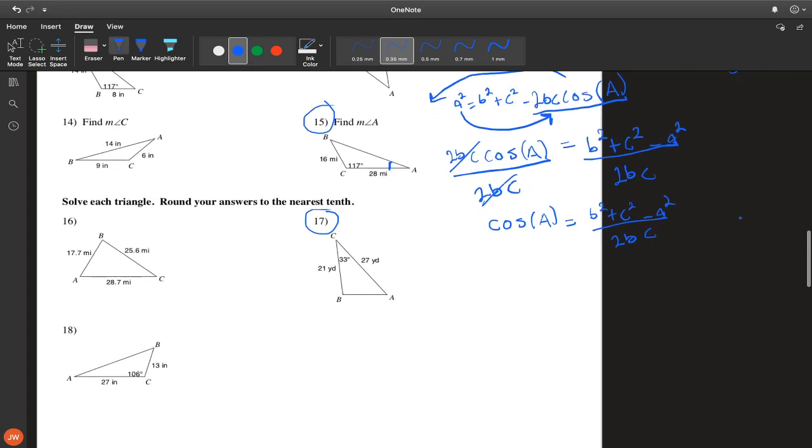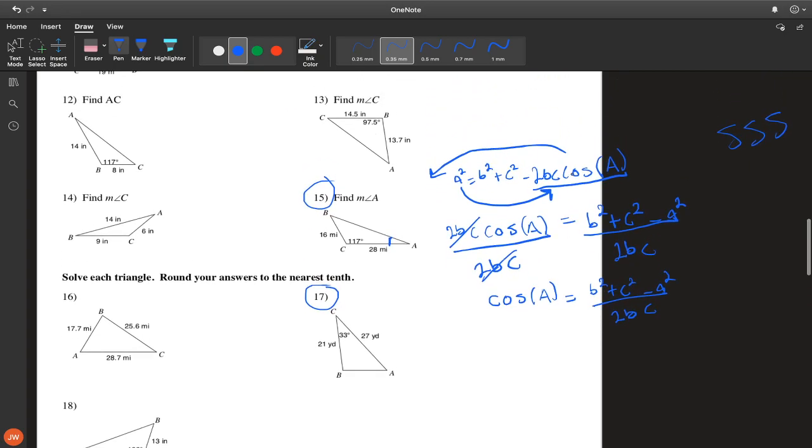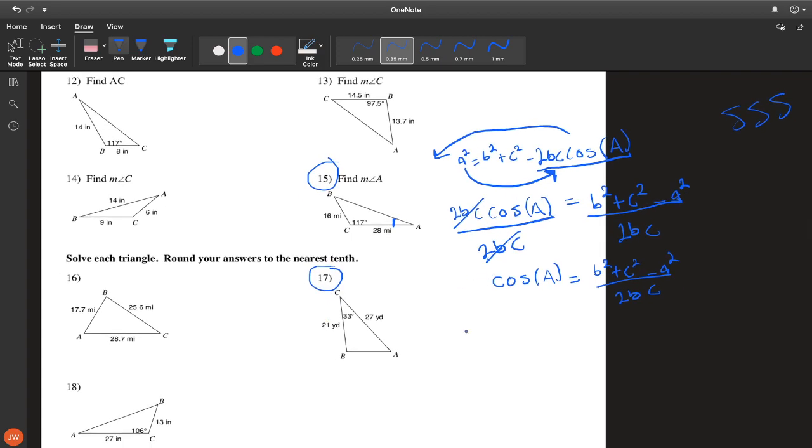We're going to use this to solve for 15. So now looking here, we have b. We don't have c though. We do not have c, but we have a. And here's going to be the tricky part: we're going to need to find c before we can find a. So this is going to be a two-step problem. First I'm going to have to find c because I have a and b.